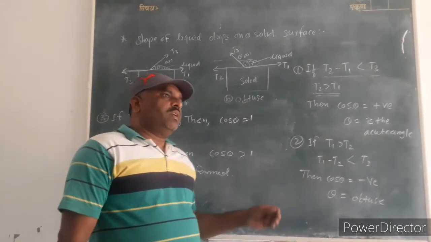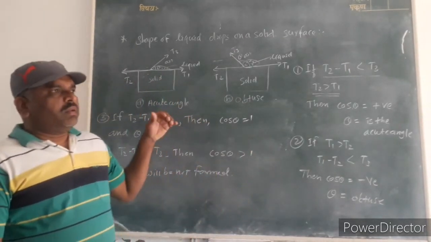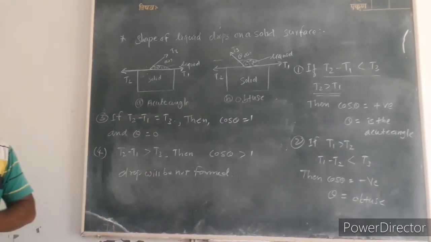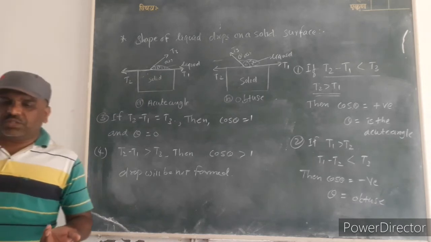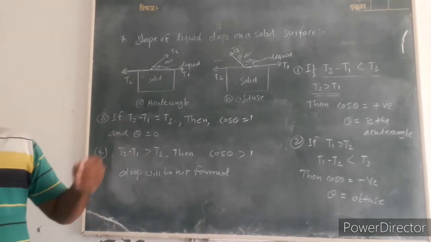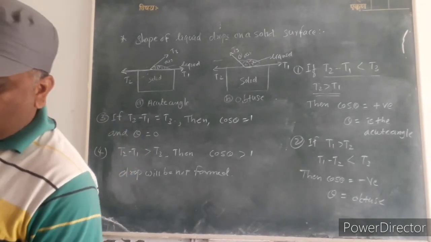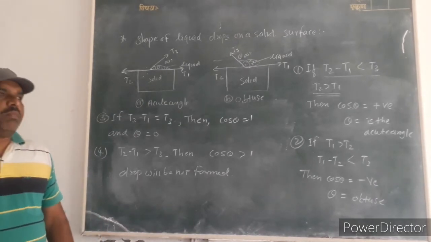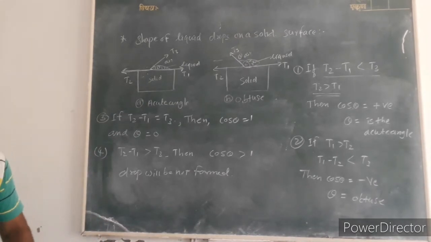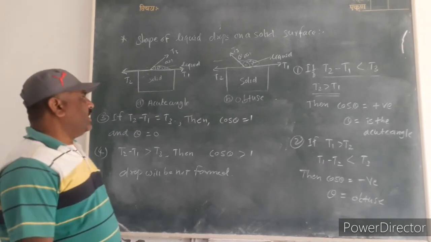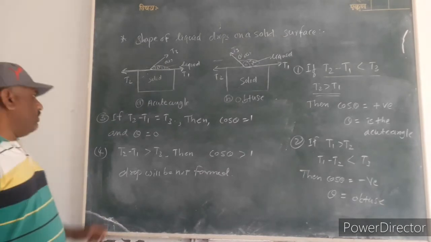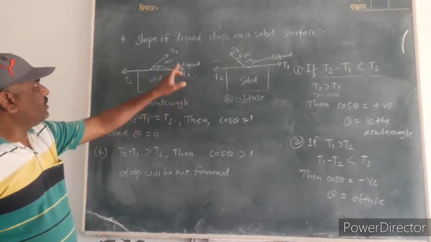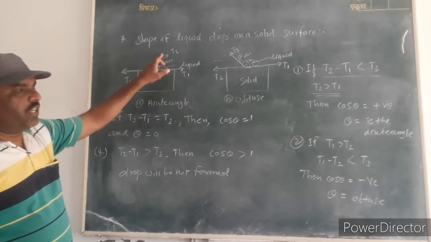When a small drop of liquid is dropped on the surface of water, three forces act on that drop, that is T1, T2 and T3.